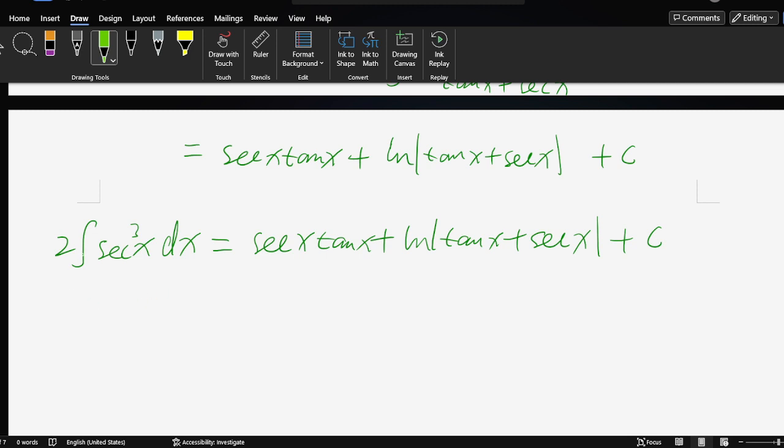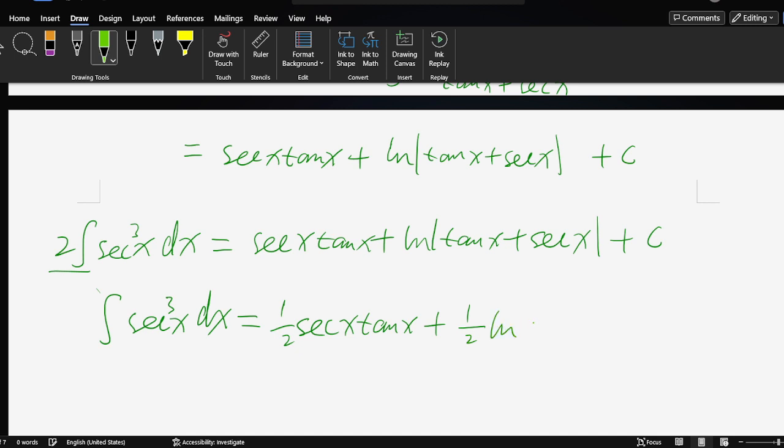So both sides we divide by 2. So that means 1 over 2 secant x tangent x plus 1 over 2 ln absolute value tangent x plus secant x plus c. Never forget c. It's very easy, but if you forget c, you get a mistake.